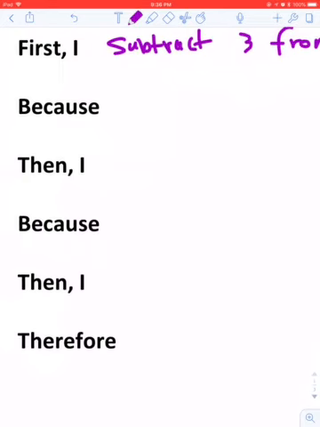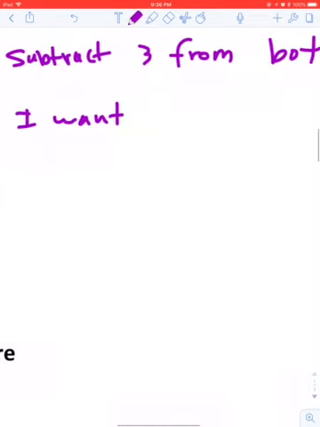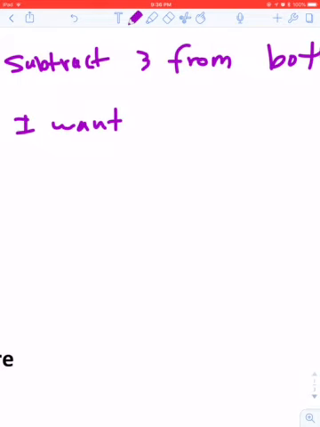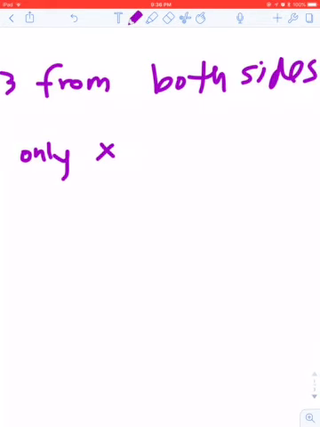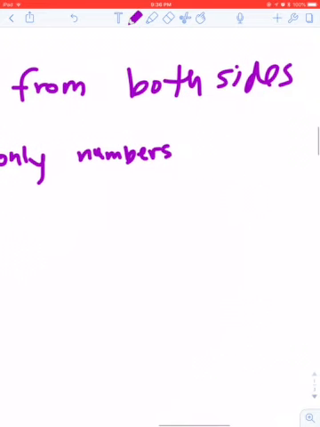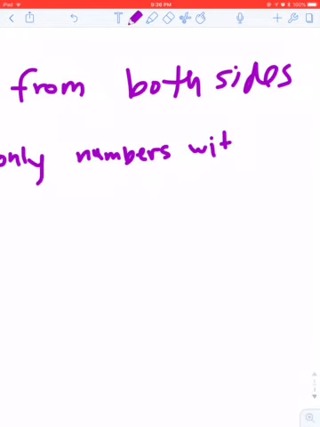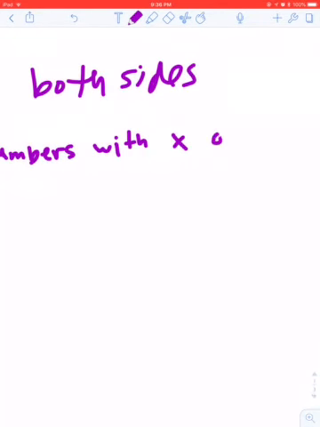Because I want, I'm going to use different words this time. You can use anywhere you want to describe how you are feeling with this. Because I want only numbers without x, x on the left side.